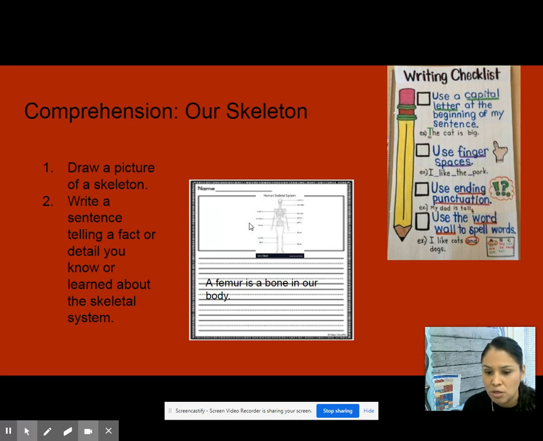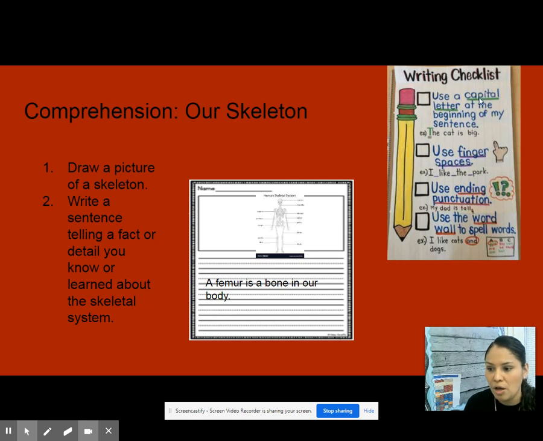Don't forget, draw a skeleton and write a sentence telling me how the skeleton is helping you to be alive or how the skeleton is used in your body. Don't forget, a picture and a sentence.